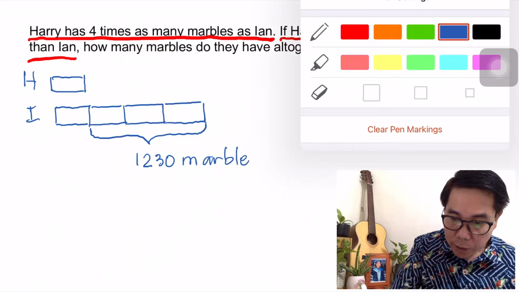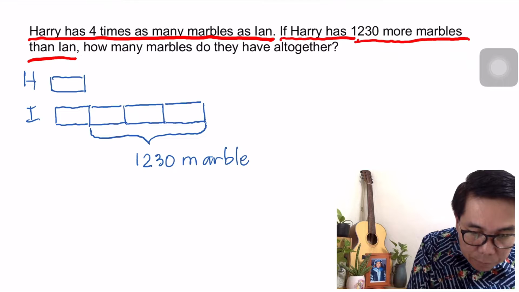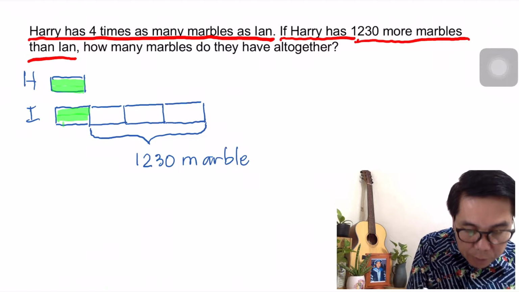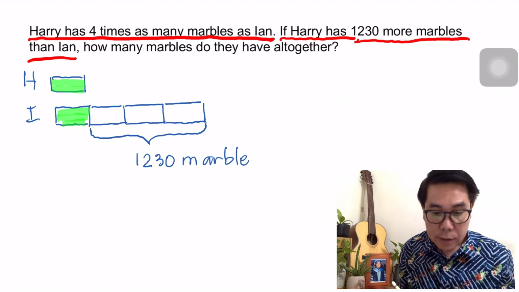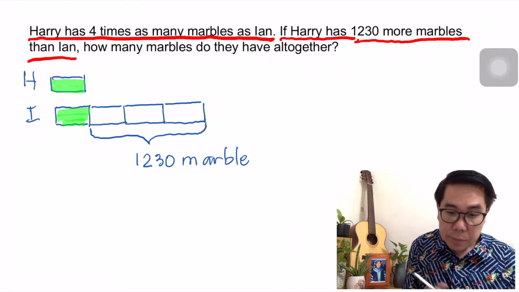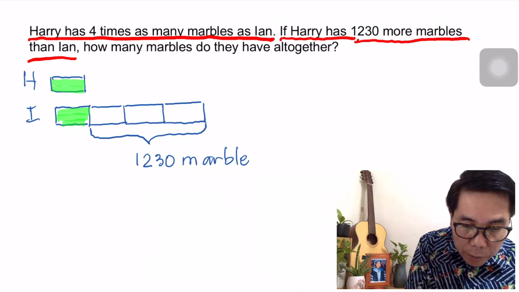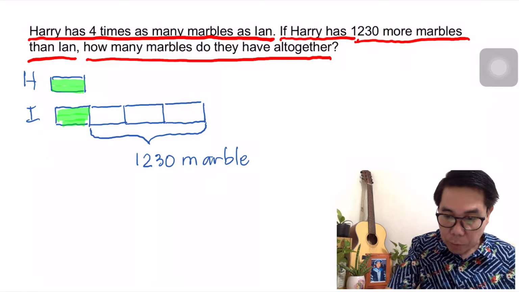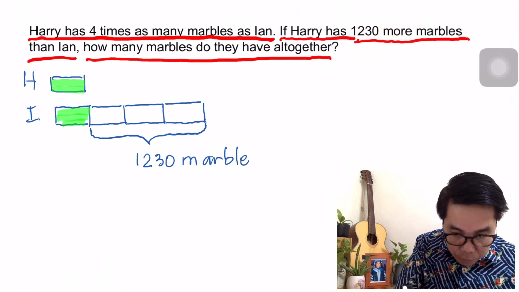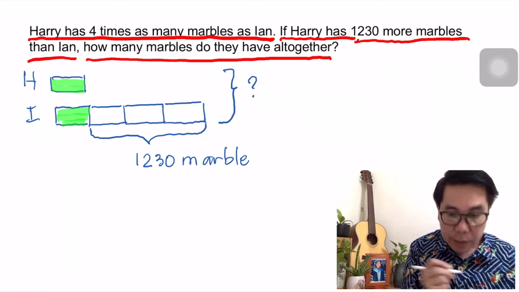Now, if we can see this one, the same. So the unshaded for Ian is the one which is more. And we are looking for how many marbles do they have altogether. So if we put them together, we will find the answer.